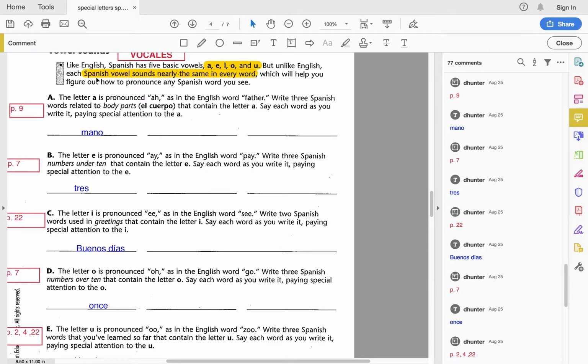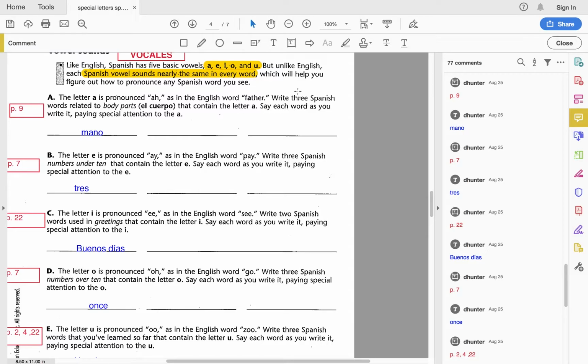One thing to keep in mind is that Spanish vowels sound nearly the same in every word. Unlike English, where you can have ball and bat with the letter A as the vowel, you have 2 very different sounding words, ball and bat, right? So it's super important to realize that you are going to benefit greatly from this quality that I have highlighted. Again, Spanish vowels sound nearly the same in every word.